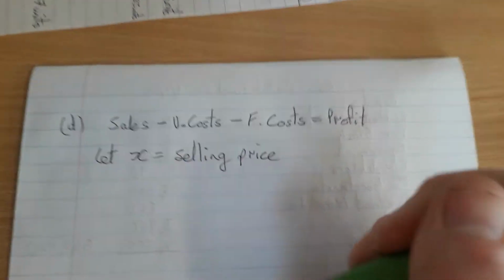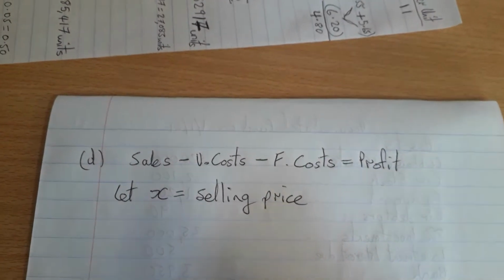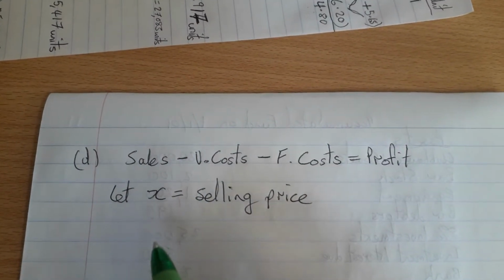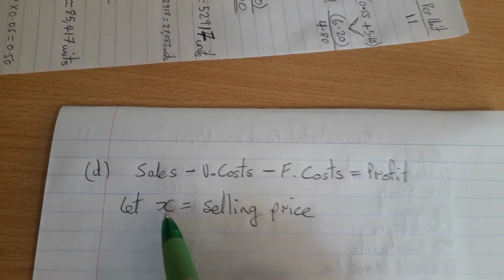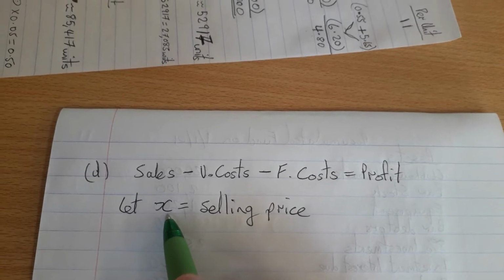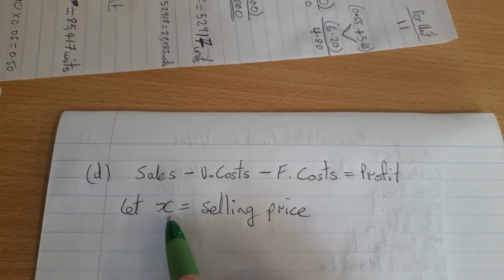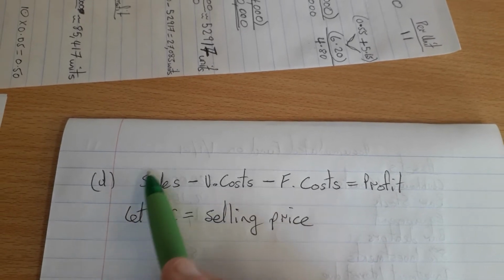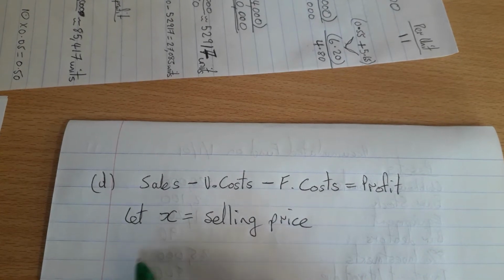Then I start to form an equation in terms of x, and then I go and solve for x. So to write the sales figure in terms of x, if x is the selling price per unit, and I know how many I'm going to sell, for instance, if I was going to sell 10 units, then the total sales figure would be 10 multiplied by the selling price, or in other words, 10x.